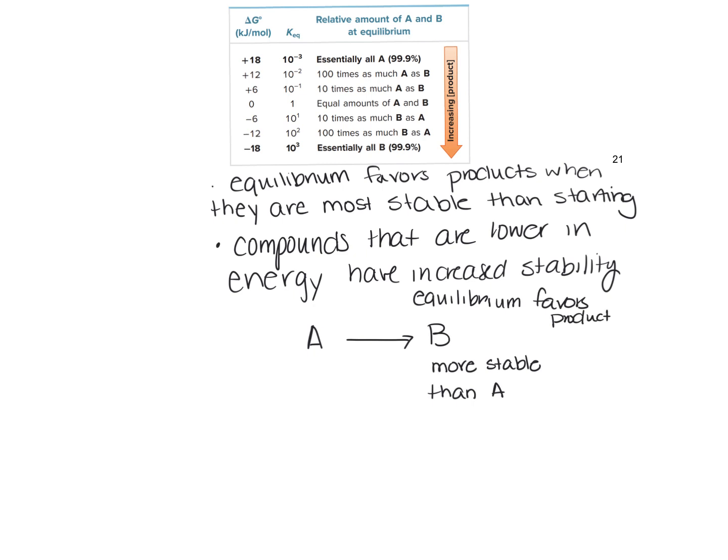Another way to say this is that the reactants are less stable than B. So you have to look for both of these context clues. When we are talking about equilibrium favoring the products, if something is less stable than the product, it's going to react to form the product. Another way to say that is if the product is more stable, then it's more likely to form. So you're going to hear those both ways when we talk about reactions in organic chemistry. And so it's just helpful to think about that, okay?